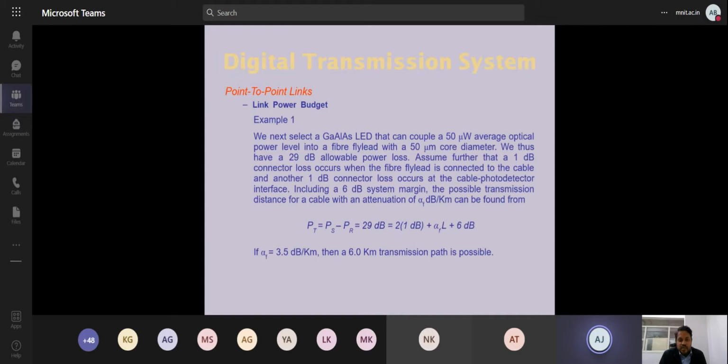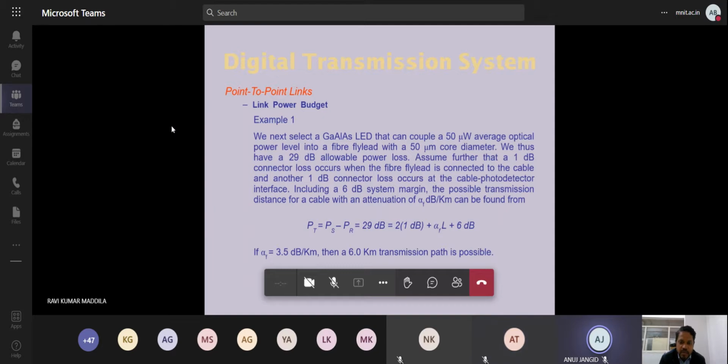This is another example of how this link power budgeting can be used. This shows a gallium aluminum arsenide LED which can couple 50 microwatts of power onto a 50 micrometer core diameter. 29 dB is the allowable power loss and 1 dB is the connector loss.